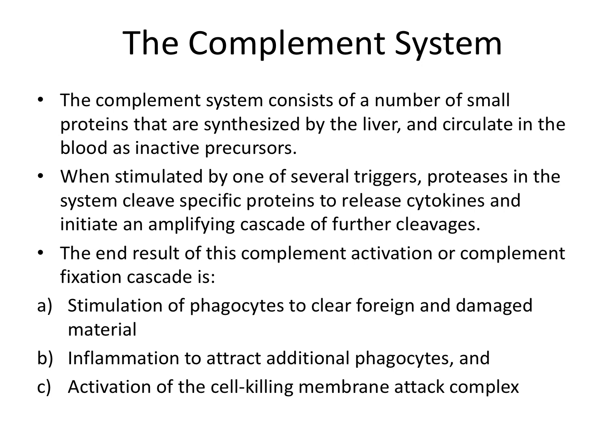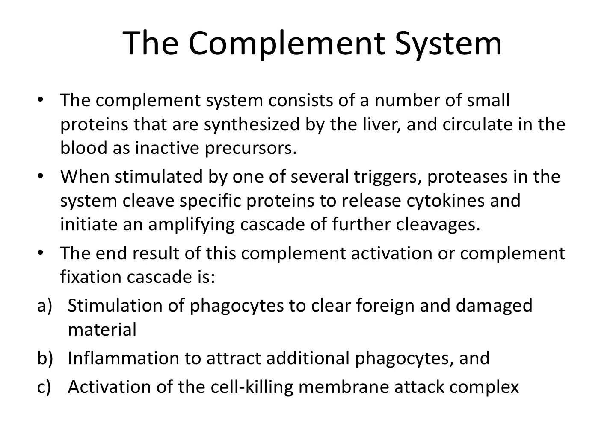The complement system consists of a number of small proteins that are synthesized by the liver and circulate in blood as inactive precursors. When stimulated by one of several triggers, proteases in the system cleave specific proteins to release cytokines and initiate an amplifying cascade of further cleavage.